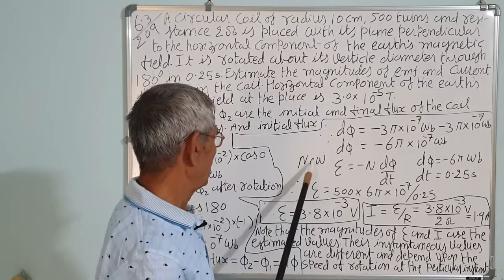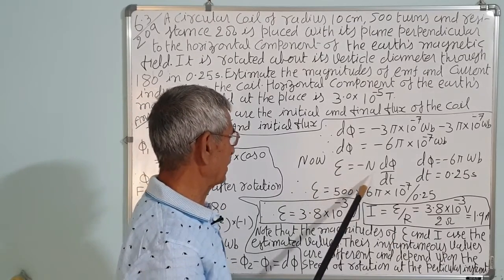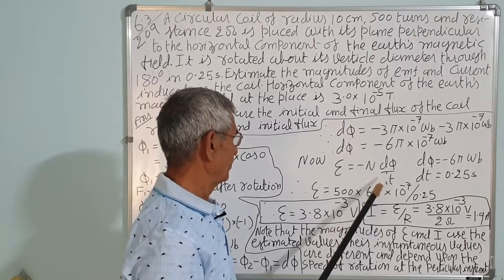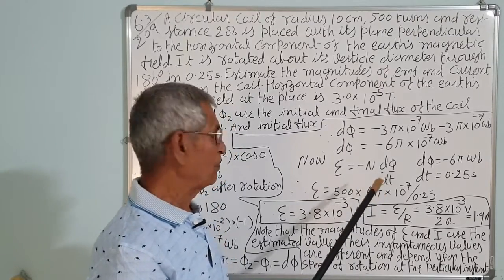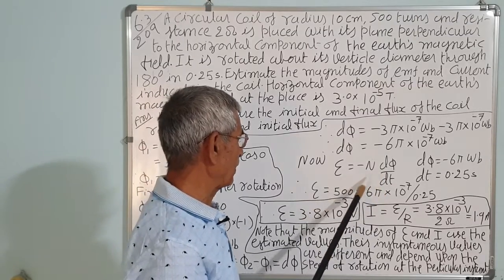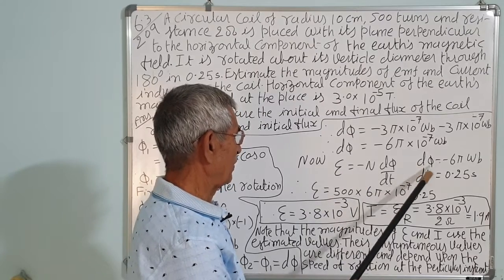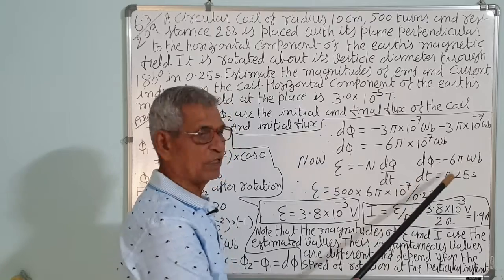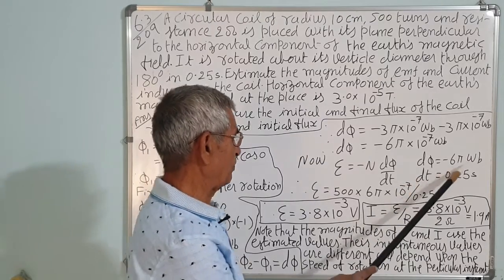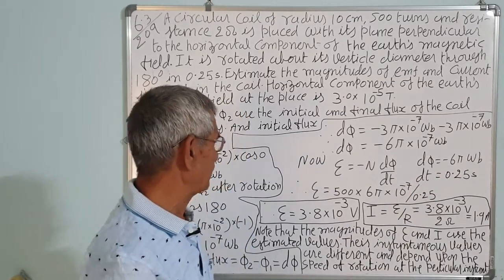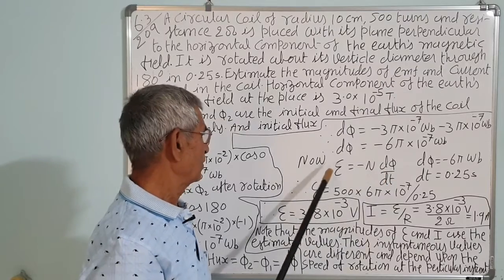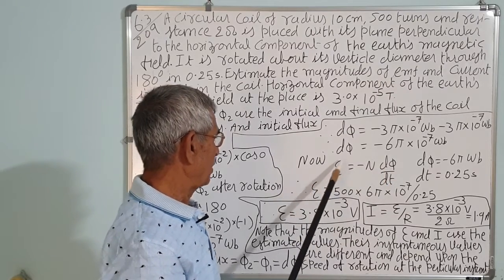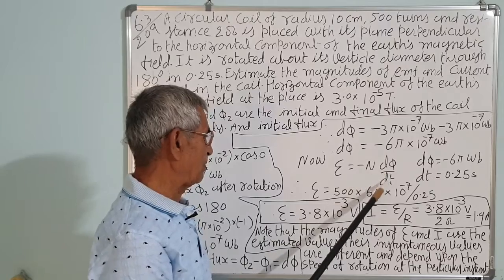Now the induced EMF is equal to minus n d phi by dt. The minus sign is because it opposes the very cause that produces it, according to Lenz's law. The flux changes by 6 pi into 10 raised to minus 7 Weber in 0.25 seconds. Therefore, EMF is equal to minus n d phi by dt.